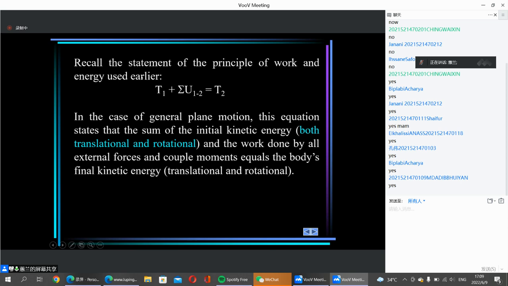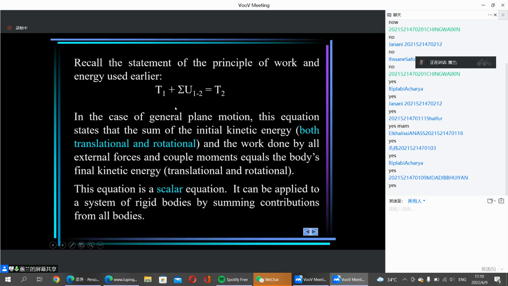The principle of work and energy for a particle is the initial kinetic energy plus the work by all the forces equal to the final kinetic energy. And for the rigid body, it's the same. The initial kinetic energy of the rigid body plus the work by all the external forces equals the final kinetic energy of the rigid body.